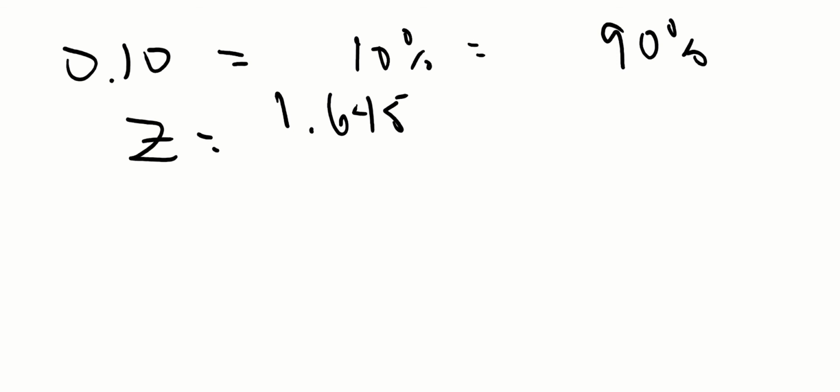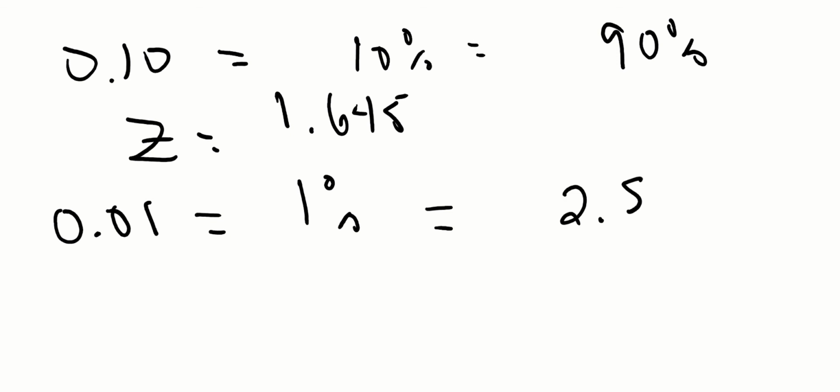Okay. The same thing holds for if you're willing to be wrong 1% of the time, which equals 1%. That's the decimal, and it equates to a z of 2.575. Let's call these z's, right?